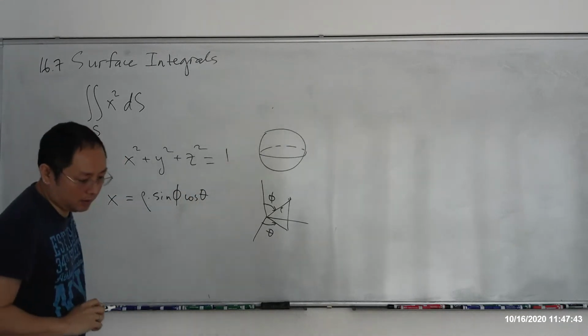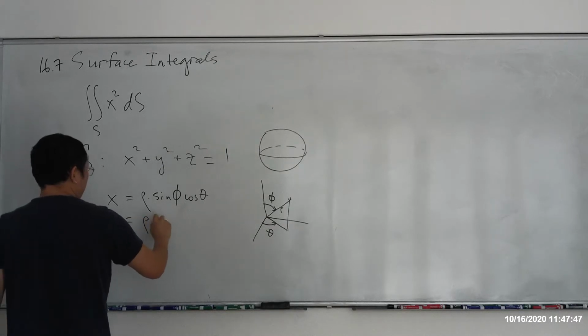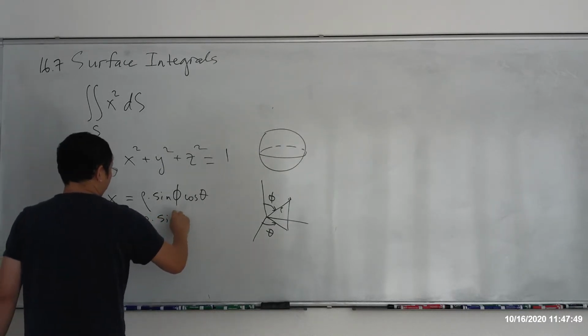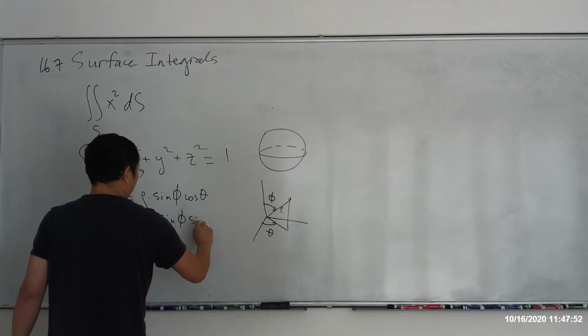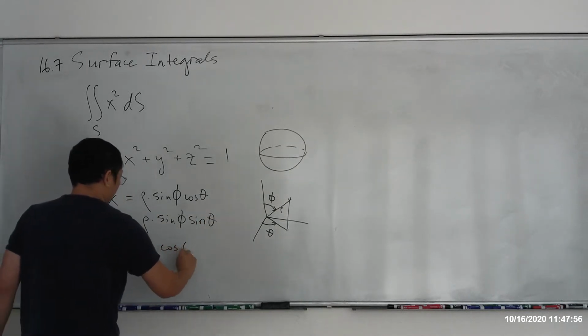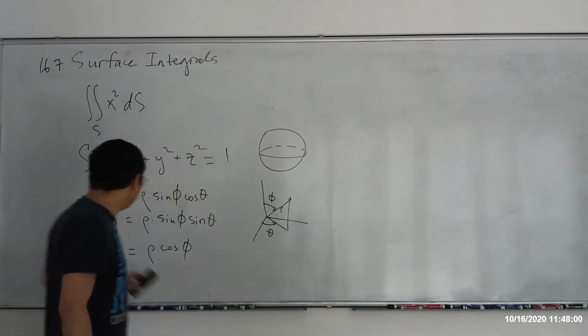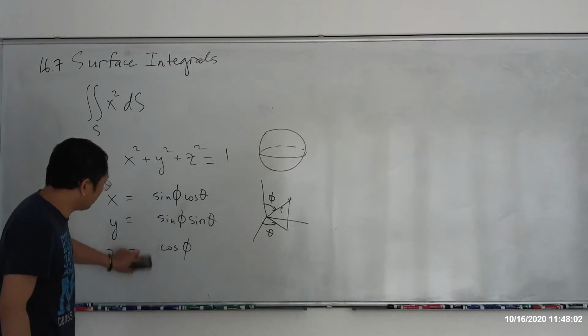Check my work, should be right. And y is rho times sine phi sine theta, and then z is rho cosine phi. But rho is 1 because the radius is 1, so we can ignore those parts.